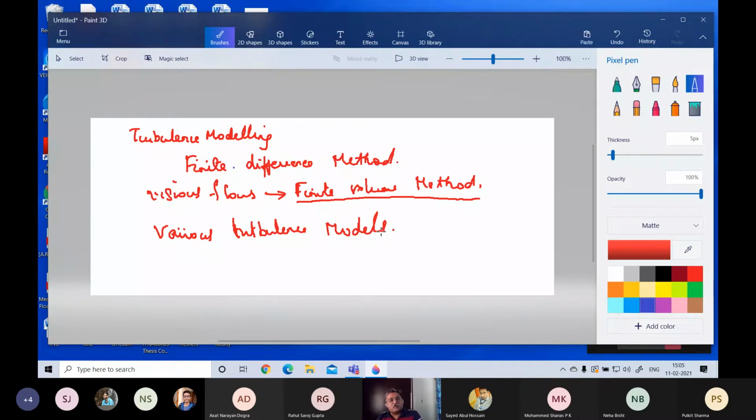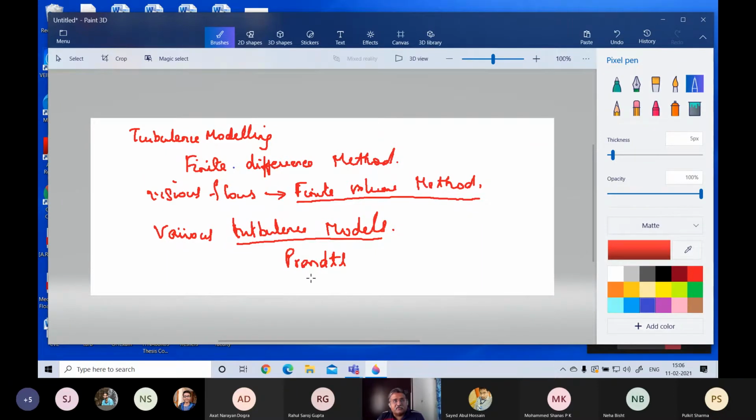This is something that has evolved over the course of the last 1.5 centuries. Starting from about 1900, it started developing. So about 120 years has been the development of turbulence models. This started with the first development by Prandtl. This name is quite famous.